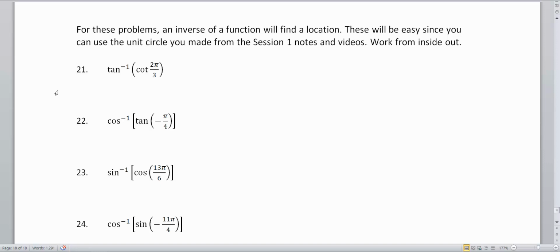So let us first analyze what we're going to do here. We are going to take a look at when the inverse tangent is looking for a location now. So I want the location where the inverse tangent is the same numeric value as the cotangent of 2 pi over 3. So let's go look at 2 pi over 3.